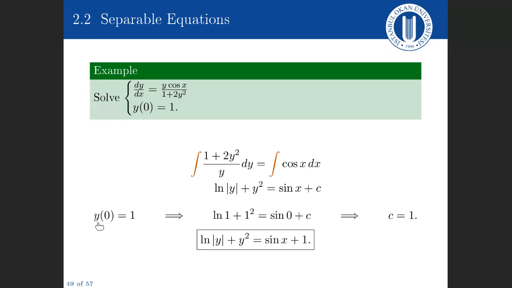To satisfy y of 0 is 1, I replace all of the y terms by 1 and all of the x terms by 0. And I get 0 plus 1 is equal to 0 plus c. c must be 1. So an explicit solution to this differential equation is the natural logarithm of the absolute value of y plus y squared is equal to sine x plus 1.